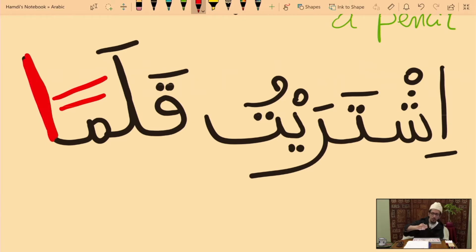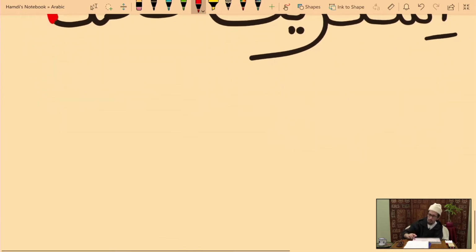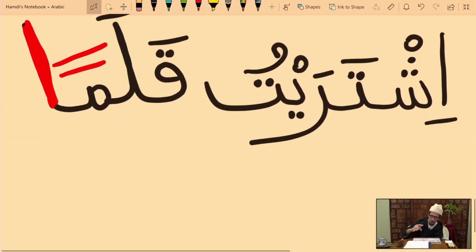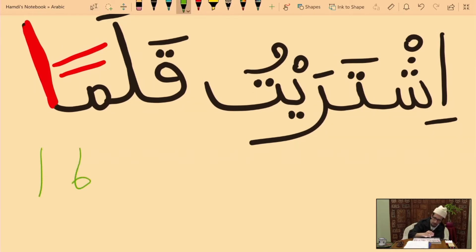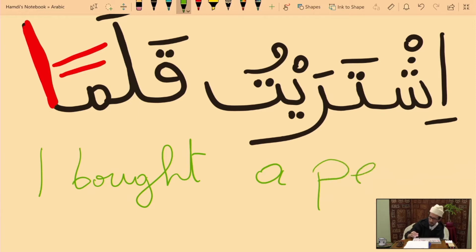Always they go together, as we explained last time. The two fathas and the alif, they go together. So اشتريت قلما. طيب. It means I bought a pen. I bought a pen. اشتريت قلما.